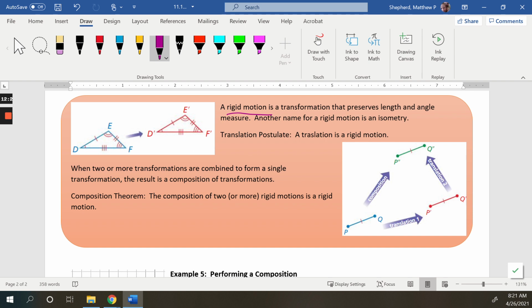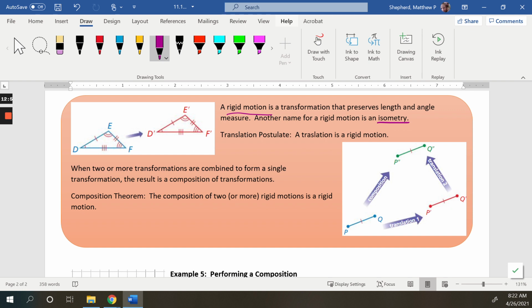Okay, so notice how they translated this blue triangle there to the red. It's still the same triangle, therefore it's a rigid motion. And that's what the translation postulate states, that a translation is a rigid motion. They do also give another word that a rigid motion is an isometry.